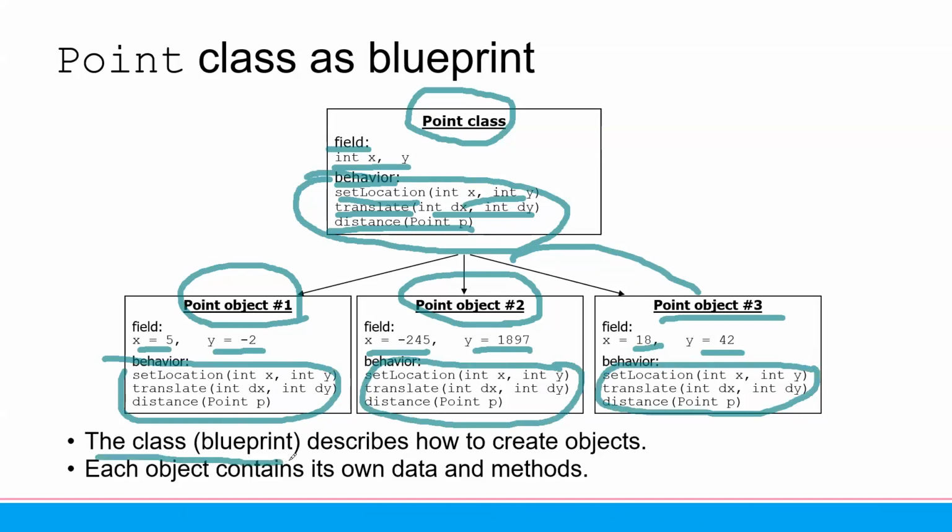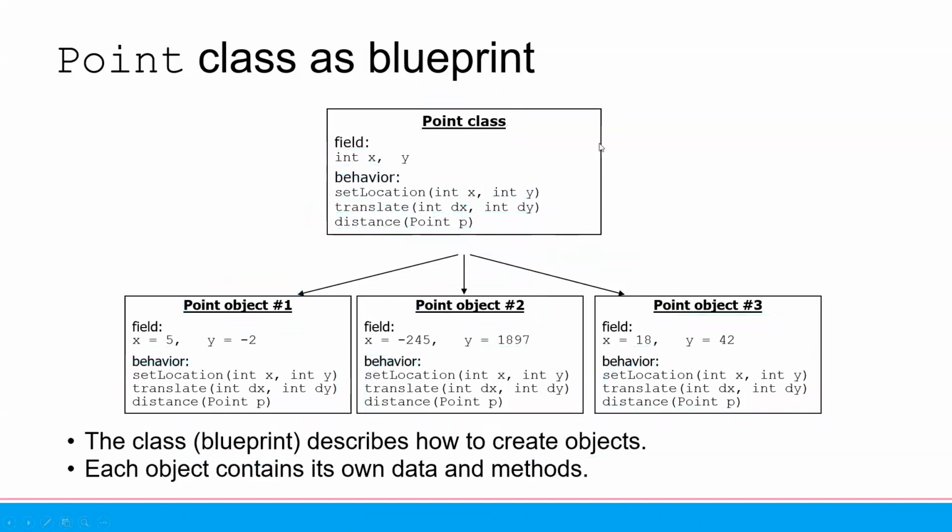The class, or the blueprint, describes how to create objects. So we call this part the blueprint. Why is it the blueprint? Because I will make X and Y for every point.